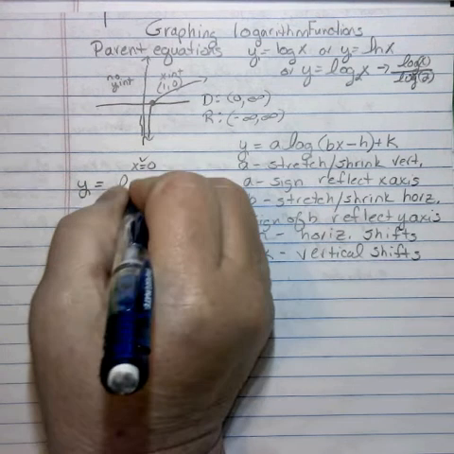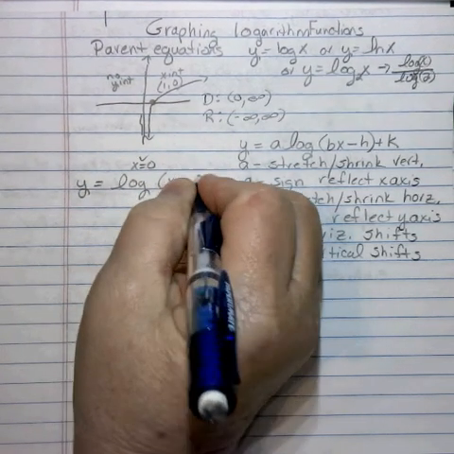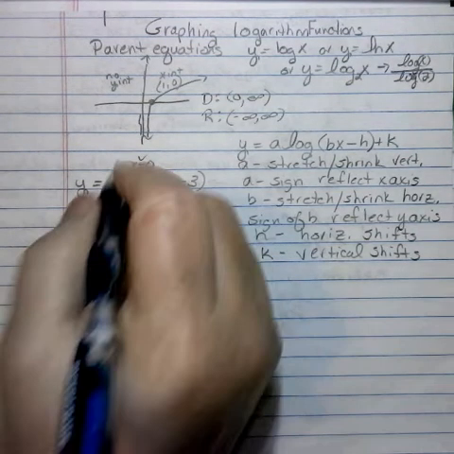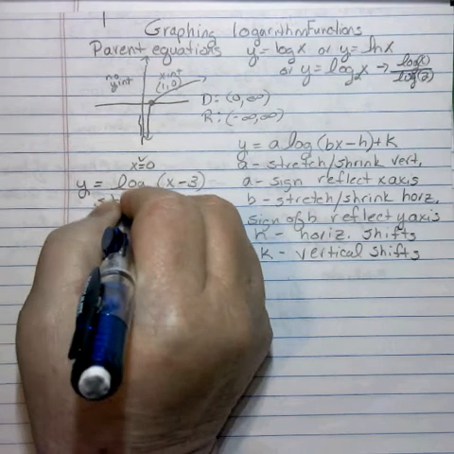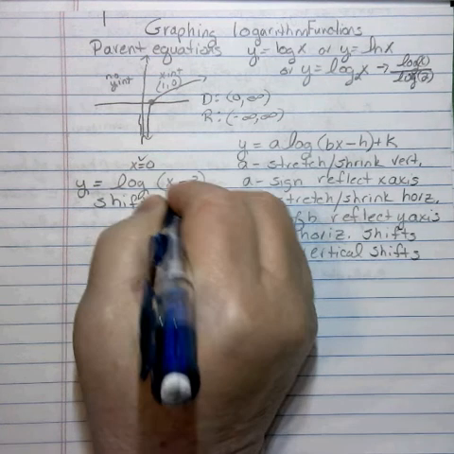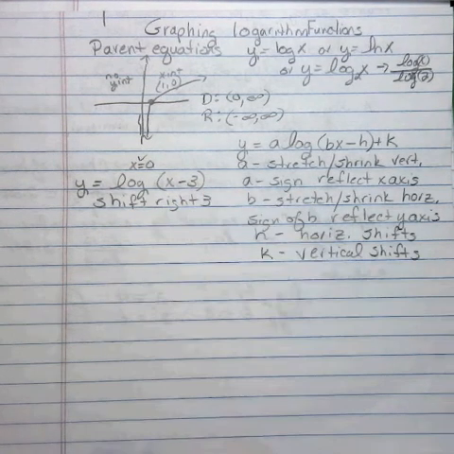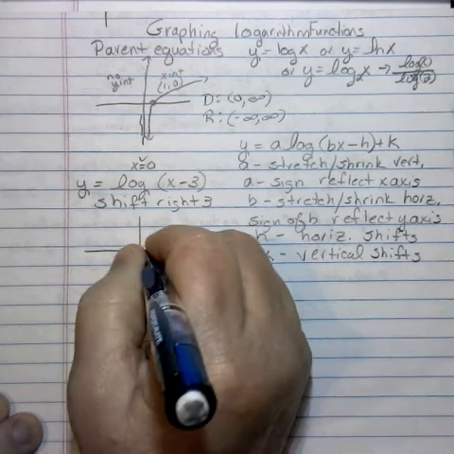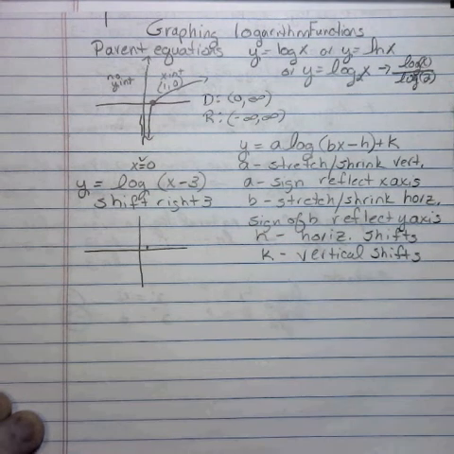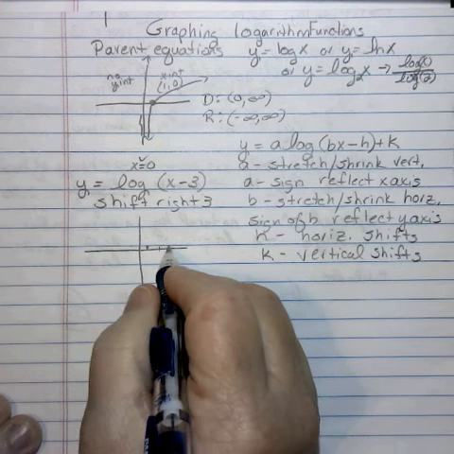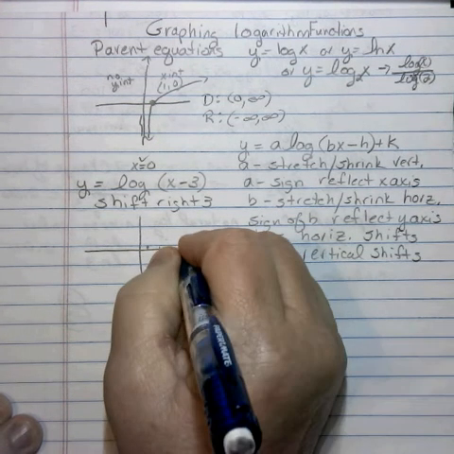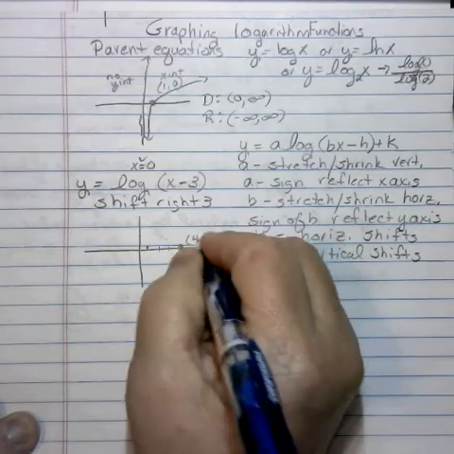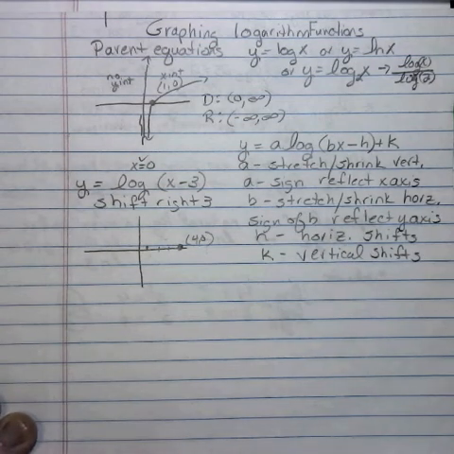Y equals the log of x minus 3. If we predict what's going to happen in this particular graph, it is going to shift this graph to the right 3 units. So if we drew that particular graph, normally it would go through that point 1, 0. So a shift 3 units is going to make that point become 4, 0 for that x-intercept.